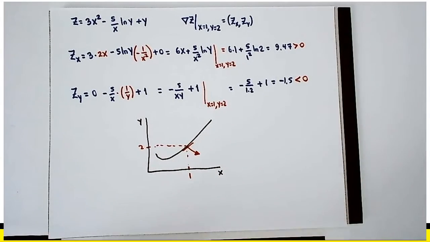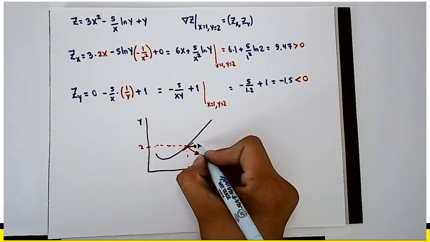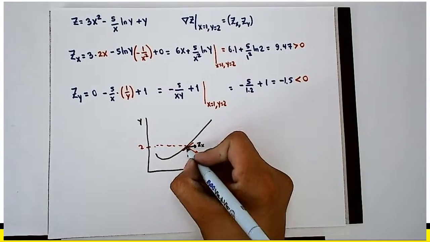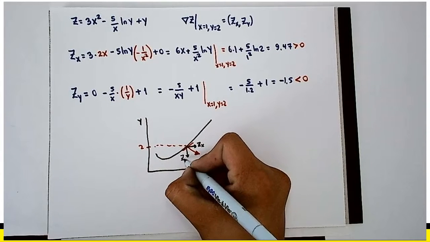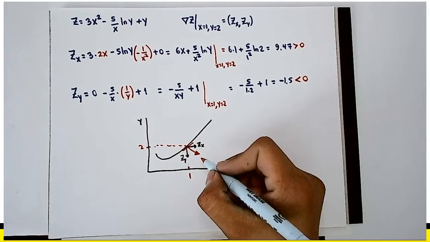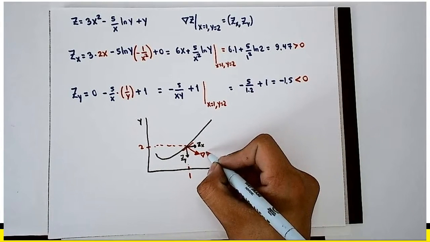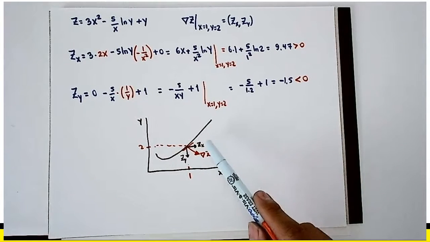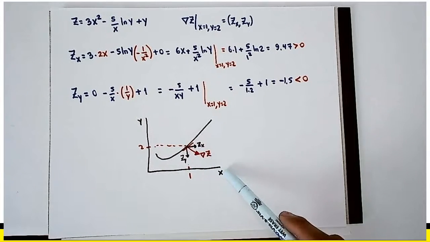So as you can see here, the x component is positive, but the y component is negative. This means that this is the direction of improvement of our function. If we go to the right and down, then our function will increase in value.